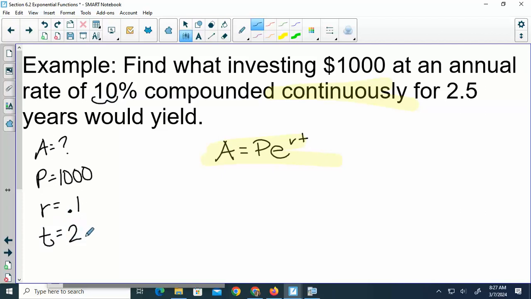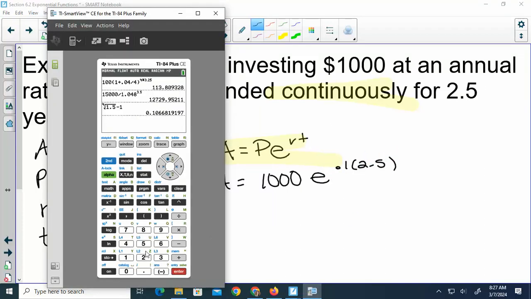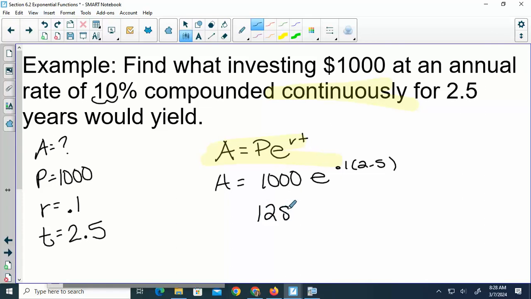Time is 2.5 years. 10,000 e to the 0.1 times 2.5 power. So the e, you use the second natural log button. So we get 12,840.